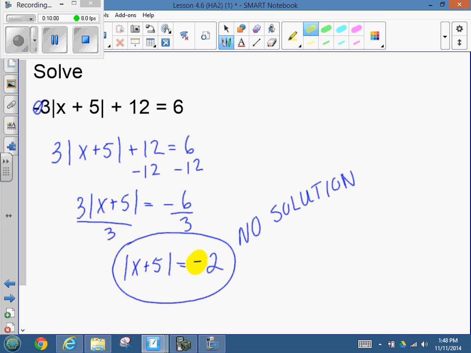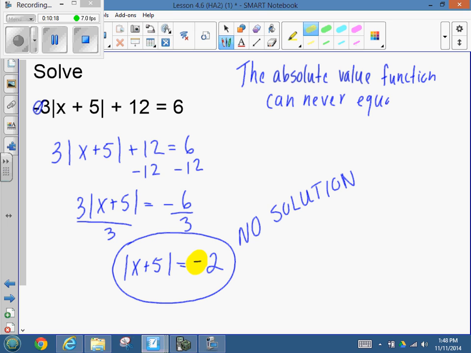I'll summarize that. The absolute value function can never equal a negative number. If that's the case, you will not be able to solve.